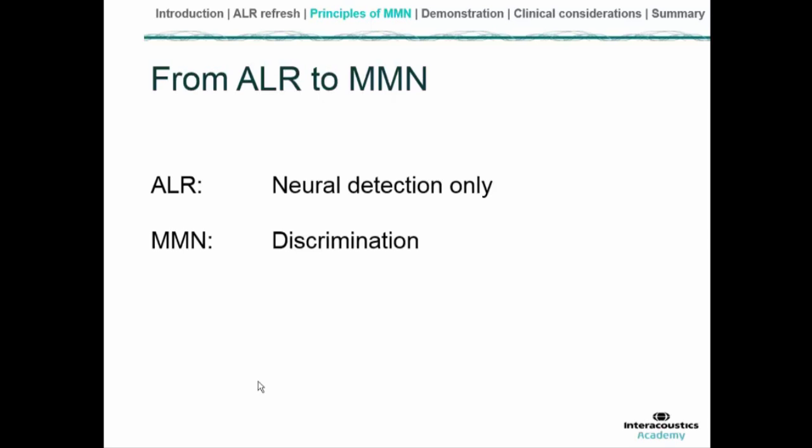To draw a rather crude analogy with behavioural testing that some might be familiar with, this is something like the clinician progressing through their behavioural audiometric test battery, where they might initially have a sound detection task such as pure tone audiometry, but then progress to a sound discrimination task, for example in certain types of speech audiometry.